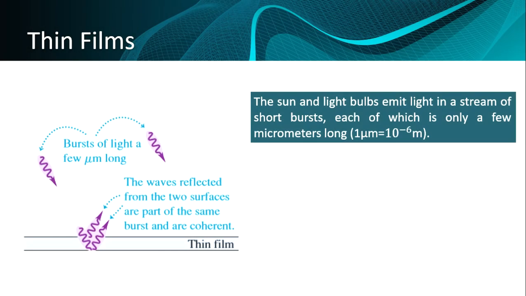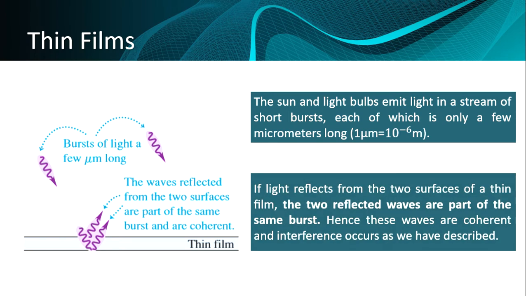So thin films. The sun and light bulbs emit light in a stream of short bursts, each of which is only a few micrometers long. If light reflects from the two surfaces of a thin film, the two reflected waves are part of the same burst.